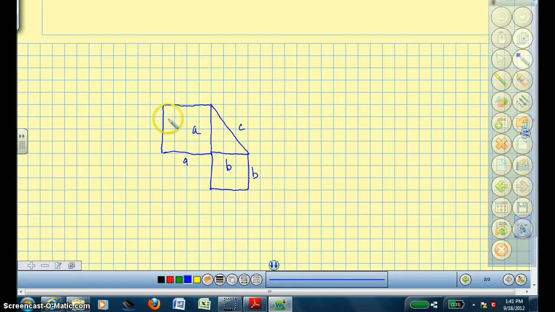And so therefore the area of this box is A squared, length times width. And the area of this box is B squared, length times width. Okay. And if I added these 16 squares and added these 9 squares, I get 25 squares.